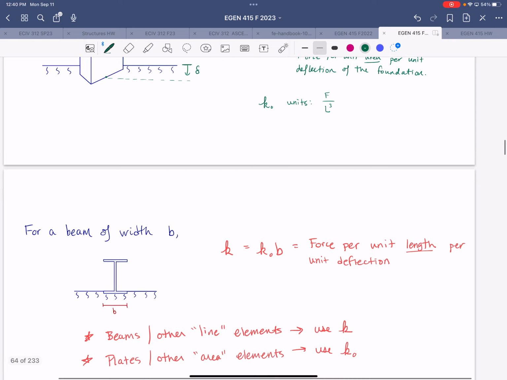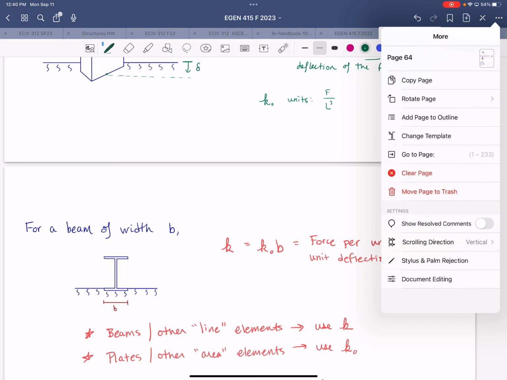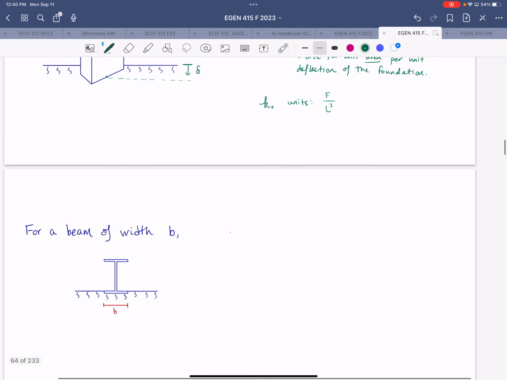So if we consider a beam that has a width B, I'm going to write this down. K is equal to K naught times B. So that represents the force per unit length per unit deflection.